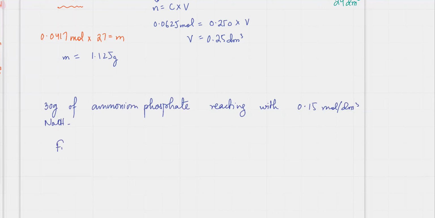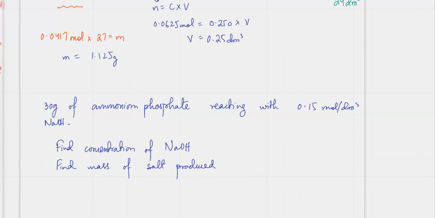You're supposed to find the concentration of NaOH, then find the mass of salt that is produced. Tomorrow we're going to start with past papers for moles. Subtopic wise, we want to find the volume of ammonia gas that's produced.